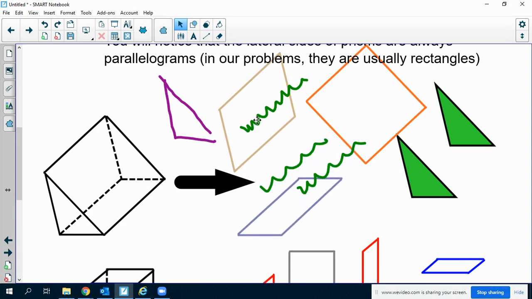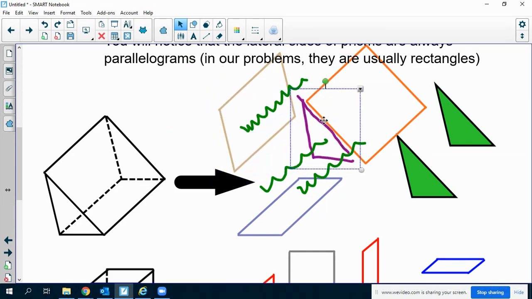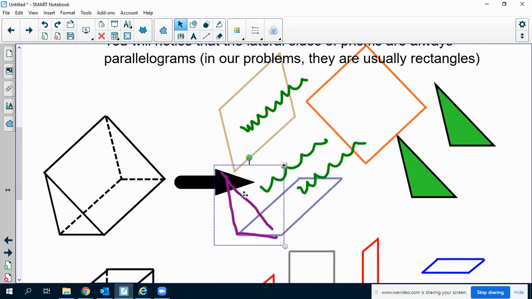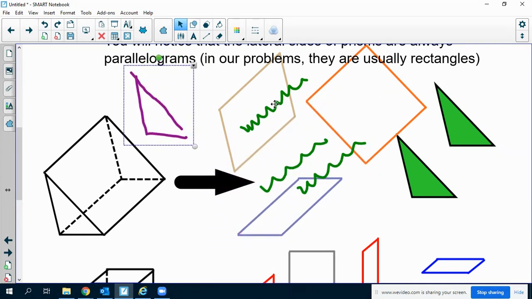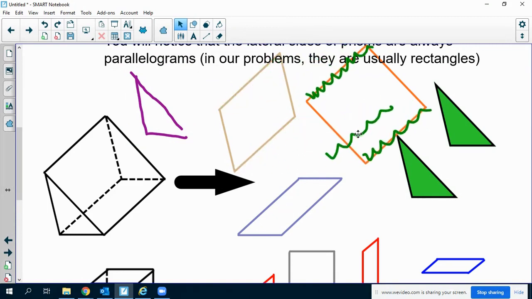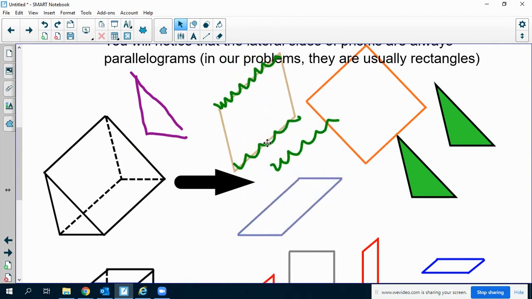So if I split these up, this one would go with this side, this hypotenuse looking thing would go with this side, and then the shortest side would go here. So all of these match up with one of these squiggly lines, which ends up being the other side of the rectangle. So P times H, perimeter of the base times the height, is actually just a way of simplifying finding all of the areas of the rectangles.